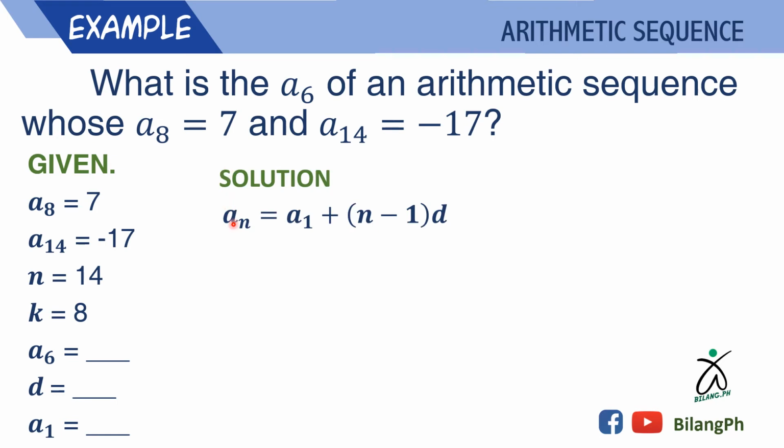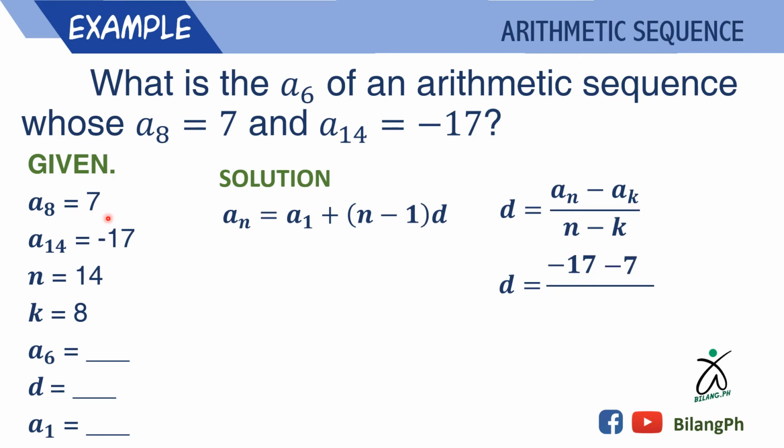So, sa formula, meron ka ng a sub n. Meron ka bang first term? Wala. Meron bang n? Meron. Common difference, isosolve pa lang. So, ito yung gagamitin nating formula for common difference. Ang a sub n natin ay ang, sino ang mas malayo dito sa dalawa? Ang last term natin ay ang a sub 14. So, negative 17. Ang a sub k ay 7.